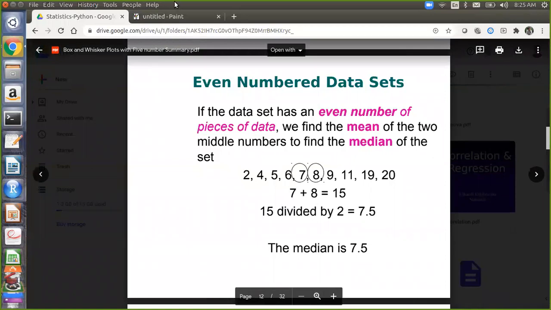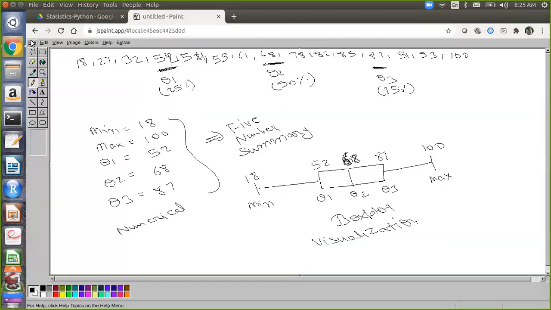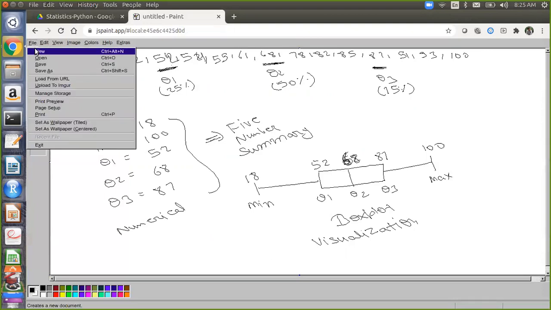So, for example, I'll take one simple example. Suppose you have 2, 4, 5, 7, 8, 9, 11 and 15, and suppose I also take 16 and 19.